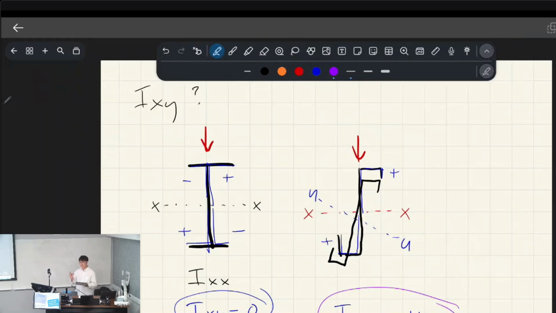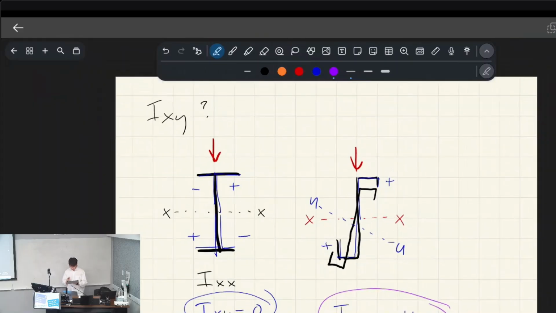So the product of inertia is a measure of whether your shape is going to want to bend straight. That's a very broad way to intuitively understand it. And if we're doing sideways, that's now instead your y-axis bending, so y.